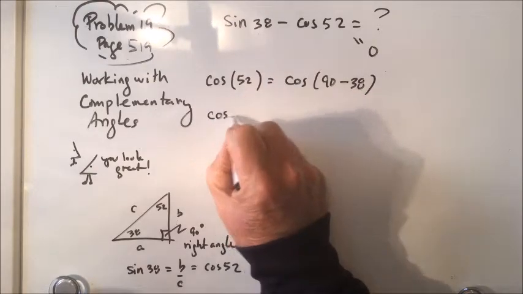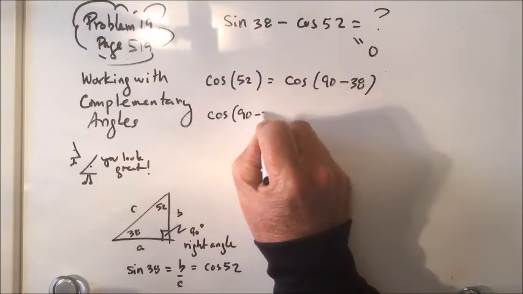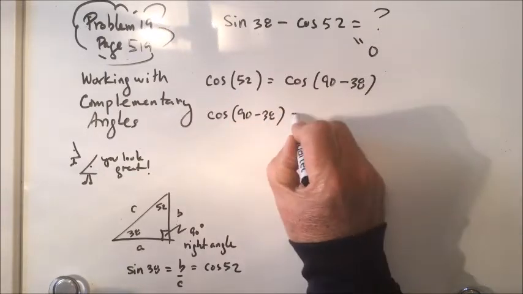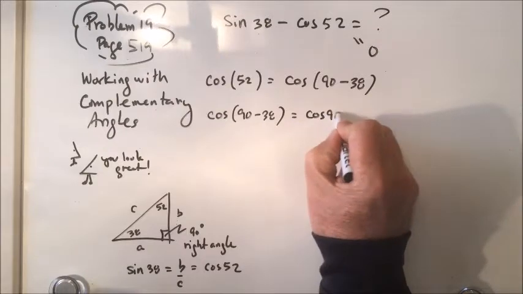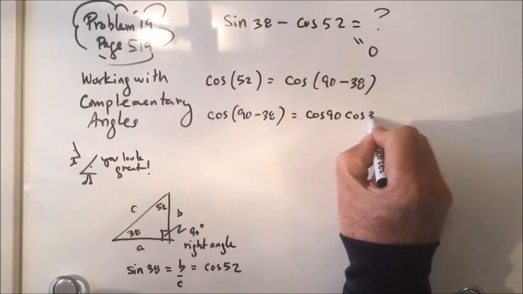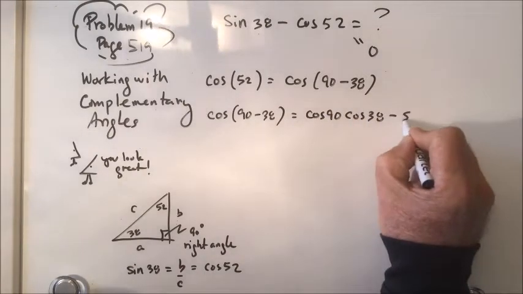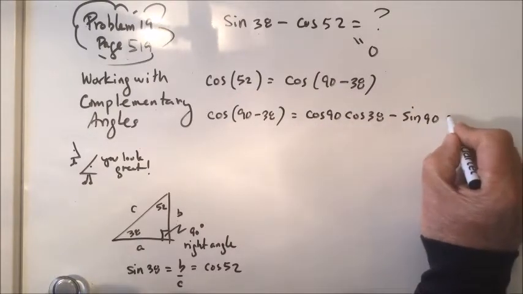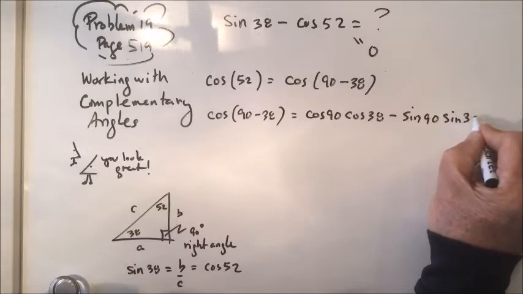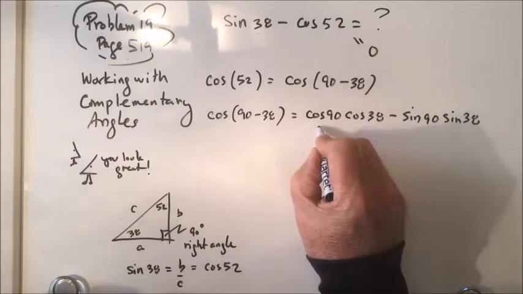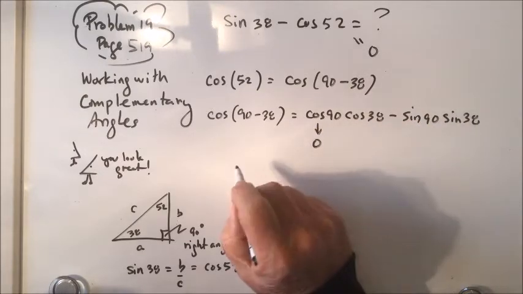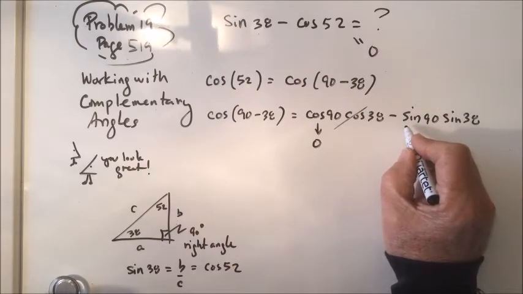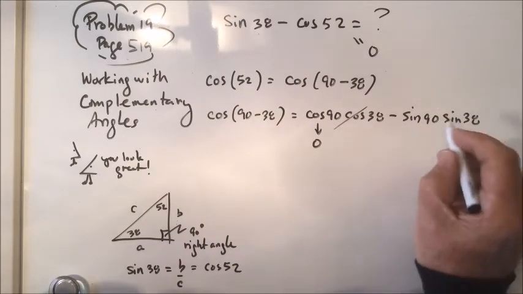And then let's just say by the difference formula that the cosine of 90 minus 38 is the cosine of 90 times the cosine of 38 minus the sine of 90 times the sine of 38. And then let's evaluate these. What is the cosine of 90? Goose egg. All right, so this term goes away. What is the sine of 90?